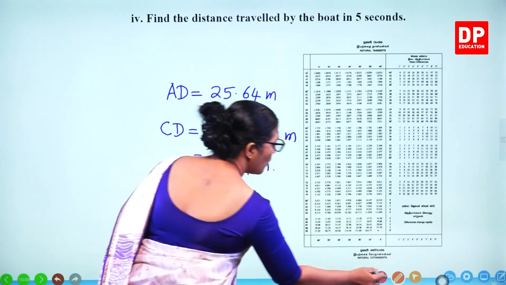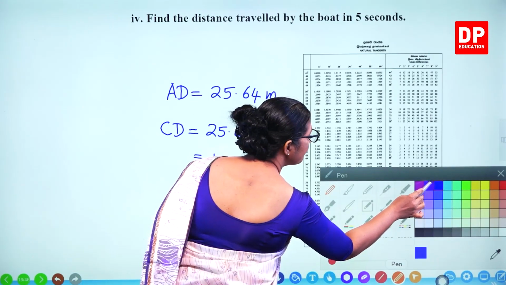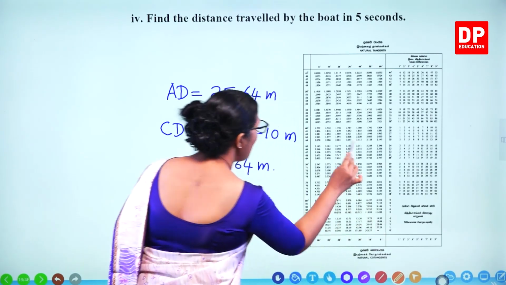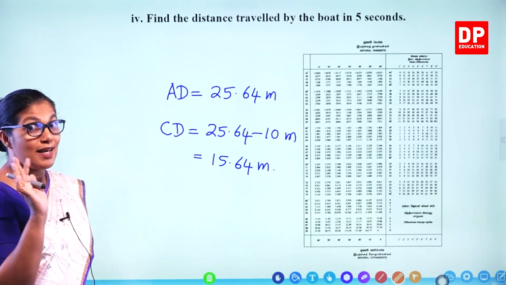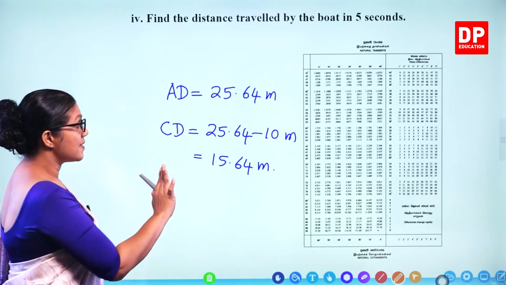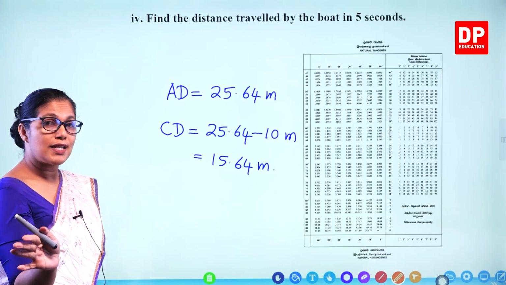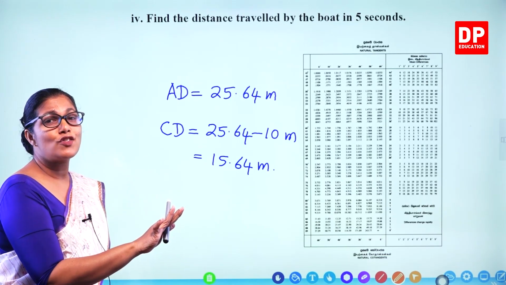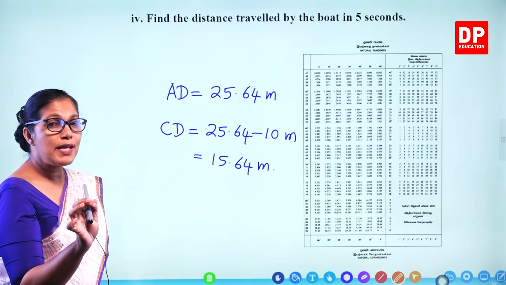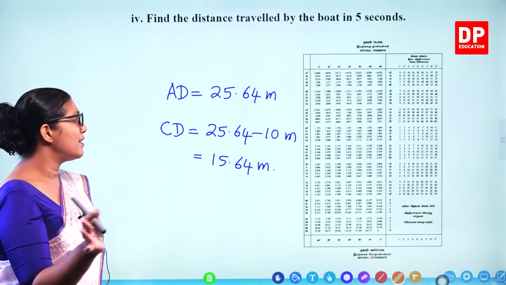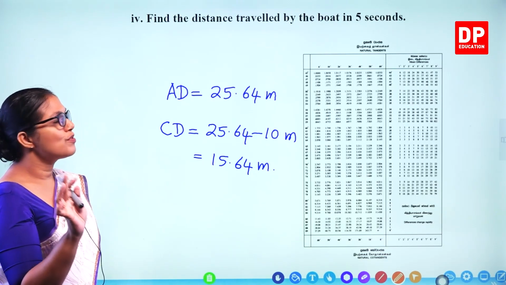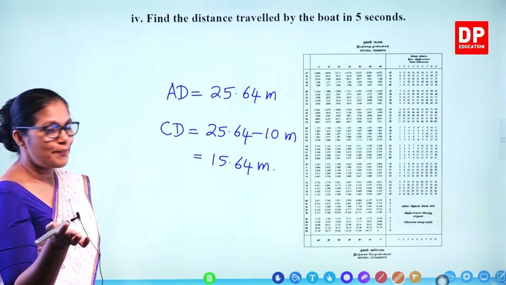So, you don't need a table here straight away, because the lucky part is, because 45 you got as the angle, so the other angle is also 45, and that means this is an isosceles triangle. You don't have to use the tangent tables.